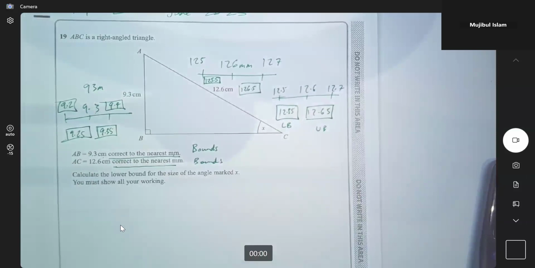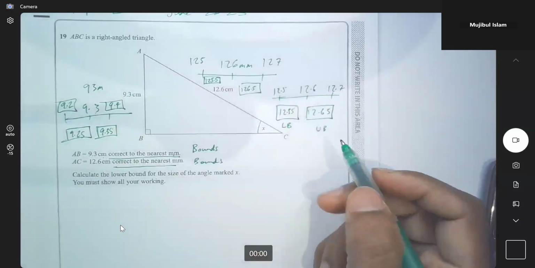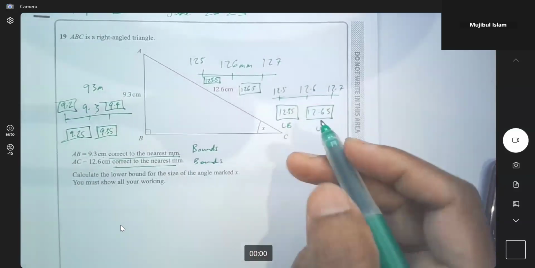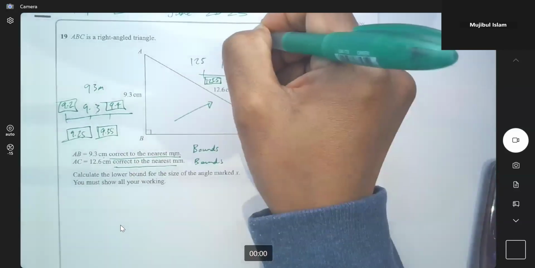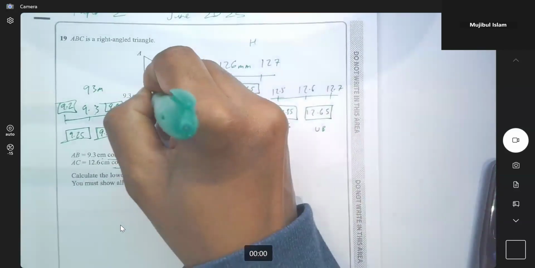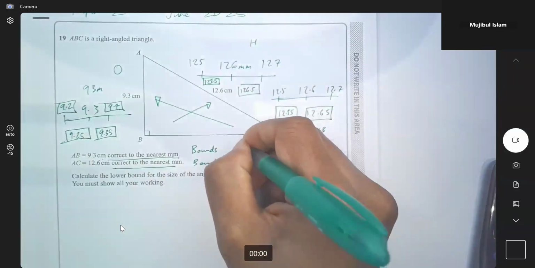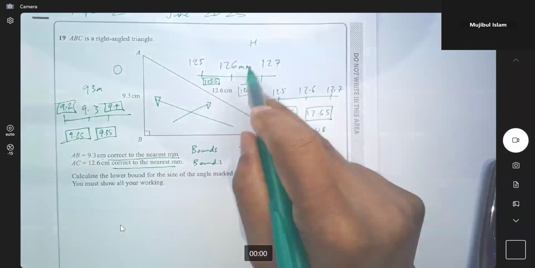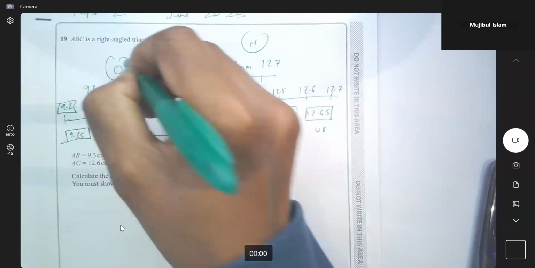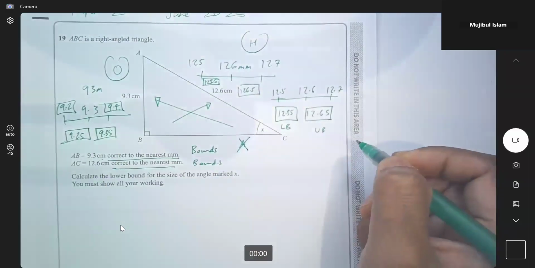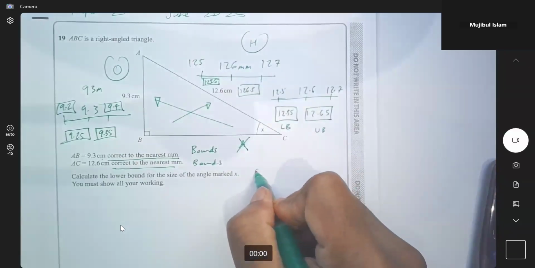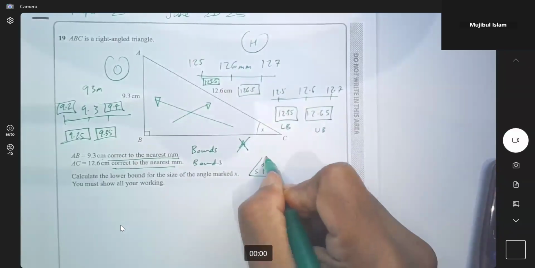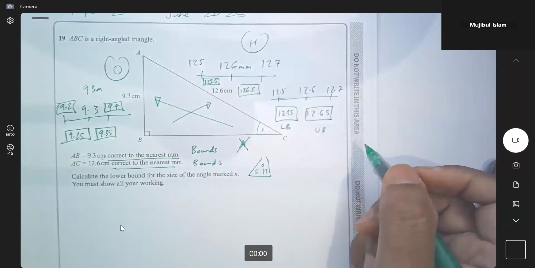Now we've done that, we've worked out bounds. Now we need to decide what I am working with. So this is my hypotenuse, this is my opposite, this is my adjacent. I'm working with hypotenuse, I'm working with opposite, I'm not working with adjacent. So I'm working with O-H, which is sine. Now this is the tricky part.